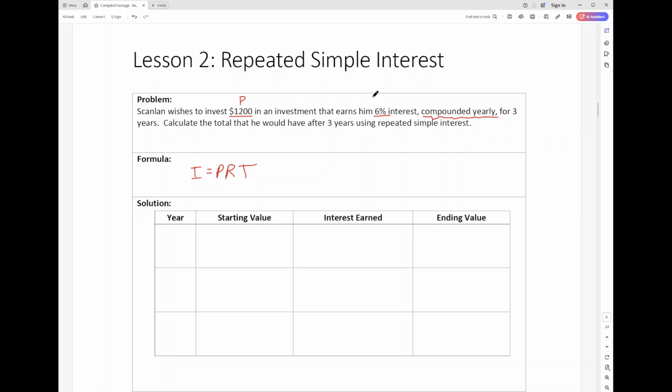I have to convert that, right? 0.06 is my rate. And now my time, I know it says 3 years, but we're going to do each year separately. So really, time is equal to 1 year because we're doing each year separate.